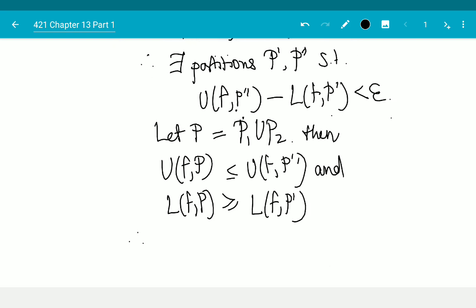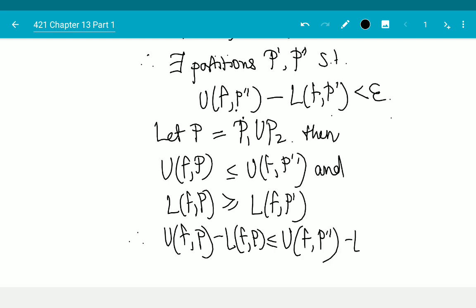Therefore, U of f comma P minus L of f comma P is, not strictly smaller than, just smaller than or equal to U of f comma P'' minus L of f comma P', which is smaller than epsilon. Okay, so let me stop this video here and make another part for part 2.